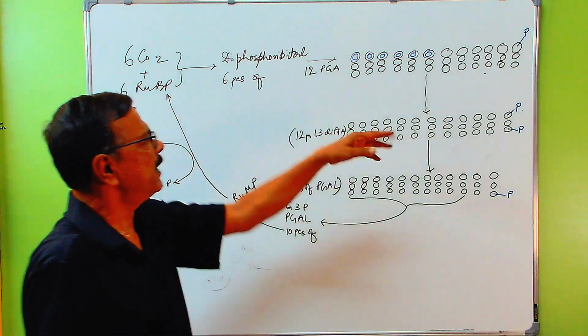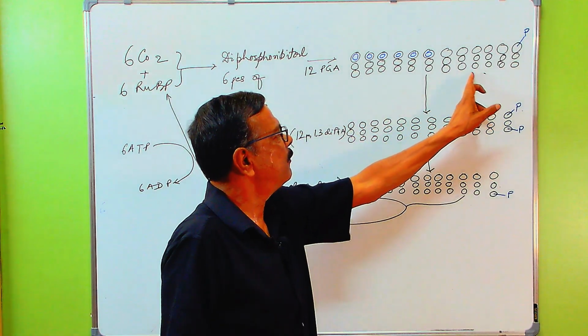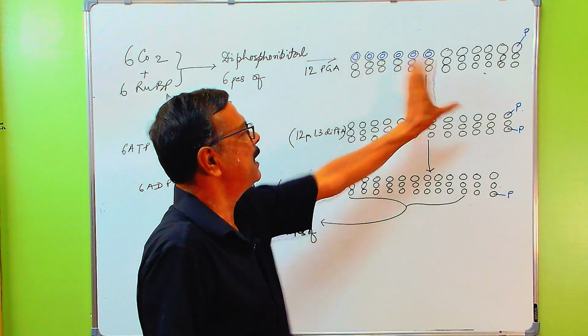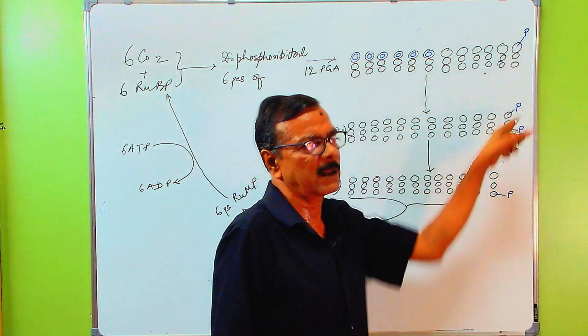These 6 pieces are broken down into 1, 2, 3, 4, 5, 6, 7, 8, 9, 10, 11, 12 pieces of PGA having 3 carbon.